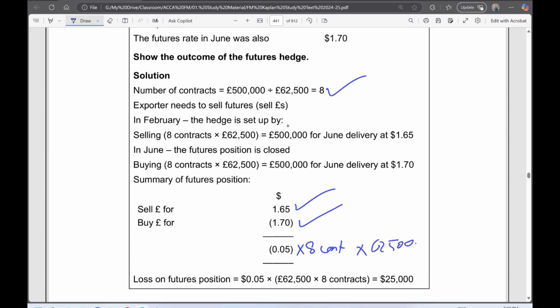So that is my total loss I made using this currency future. Now the question is, if I make a loss, why do I enter into this contract? If I make a loss here, definitely we make a gain by selling the currency in the actual market, in the open market.